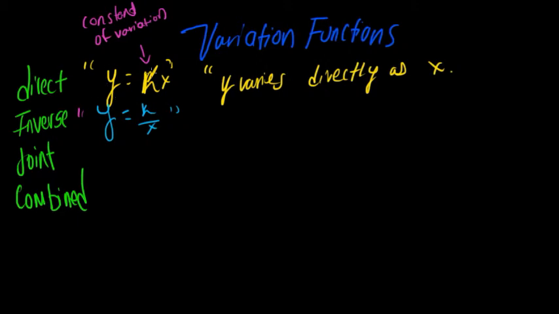With direct variation, both your x and your y are increasing. So with inverse variation, only one is increasing and the other has to be decreasing. We write this like this: y varies inversely as x.